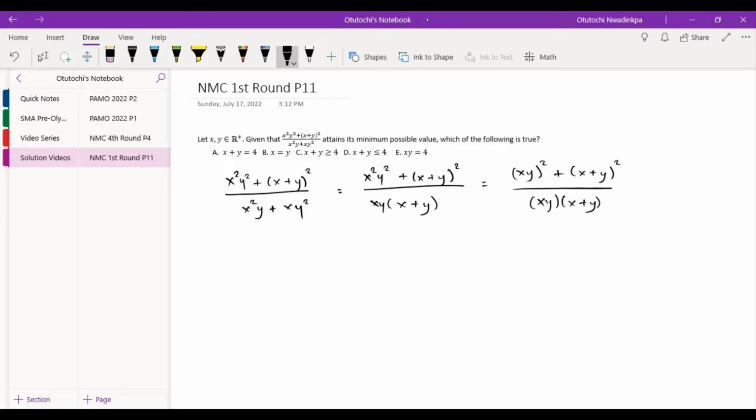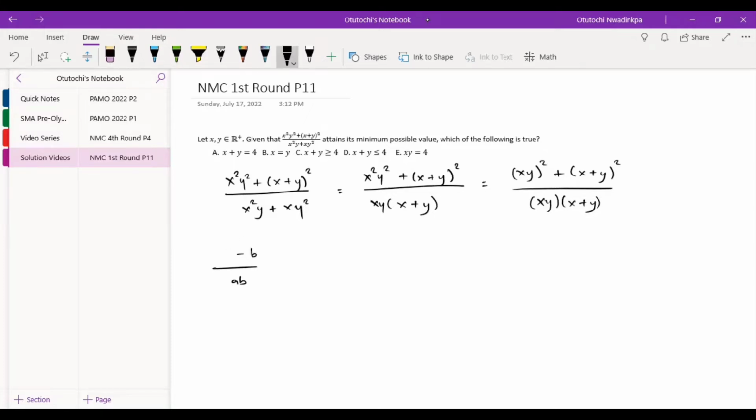I'm sure you guys have noticed that what we have is of the form a squared plus b squared over ab. And we are told it attains its minimum possible value. So instead of working with x, y, and x plus y, we can decide to work with a and b.